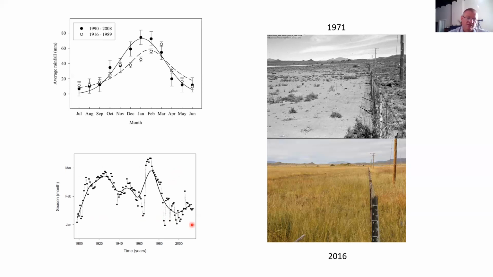So we can see rainfall seasonality might also have had a role to play in terms of grassiness. After the 1910s or so, rainfall tended to fall in February or March, February up until the beginning of March. And in more recent years, maybe since the mid-70s or early 80s, it's come forward, and rainfall has been much more concentrated during the warm growing months of January and even late December.